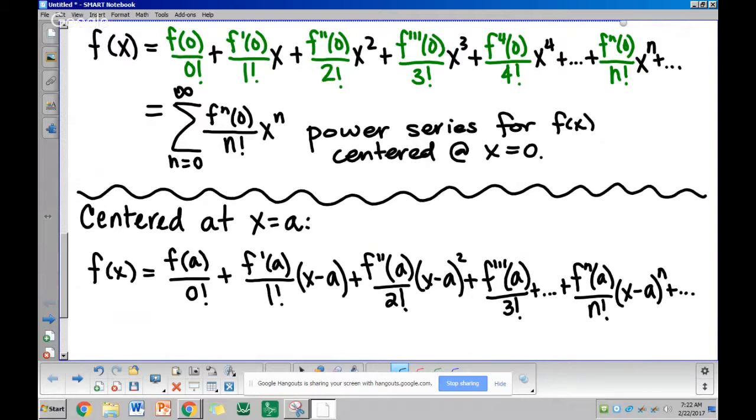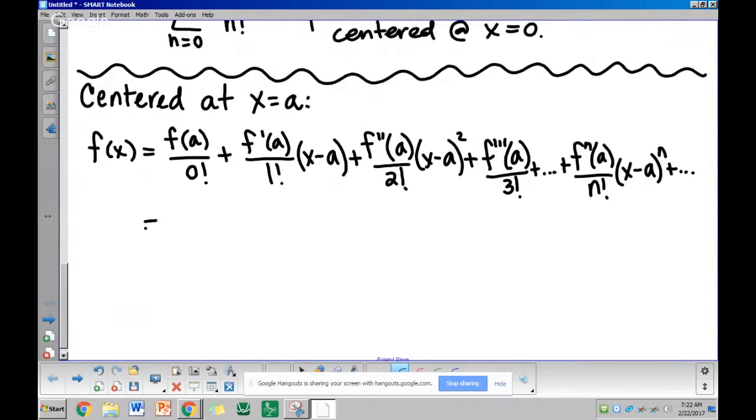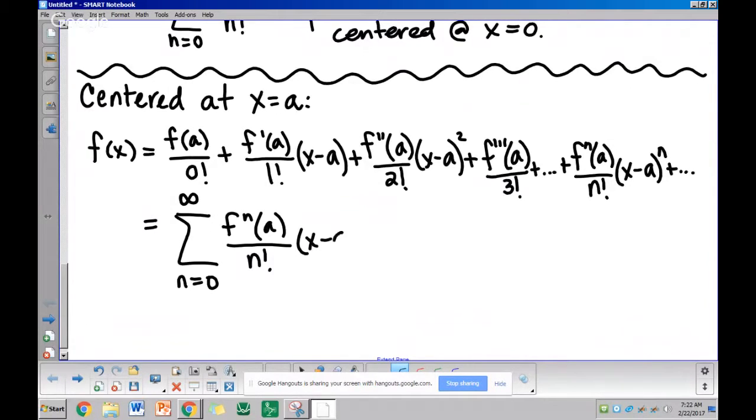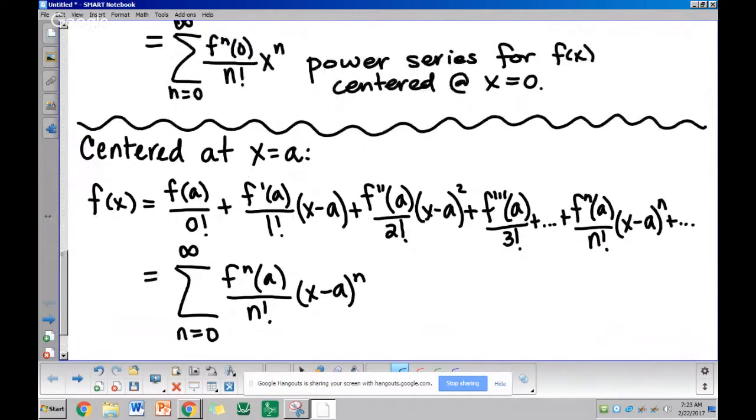And we can write it with summation notation, starting with n equals 0 to infinity, the nth derivative evaluated at a over n factorial times x minus a to the n. And that would be the power series represented for the Taylor series for a function centered at x equals a, which is different than x equals 0.